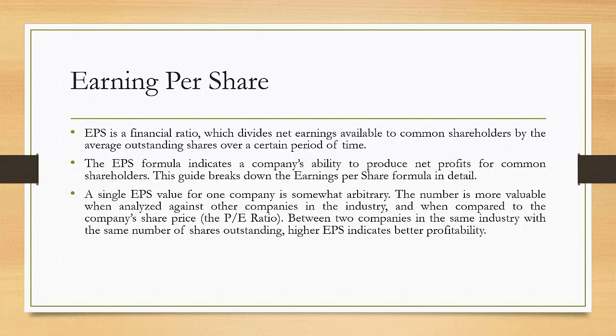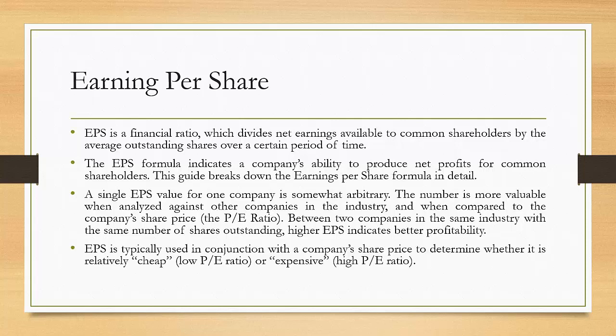A single EPS value for one company is somewhat arbitrary. The number is more valuable when analyzed against other companies in the industry, and when compared to the company's share price, the price to earning ratio. Between two companies in the same industry with the same number of shares outstanding, higher EPS indicates better profitability.